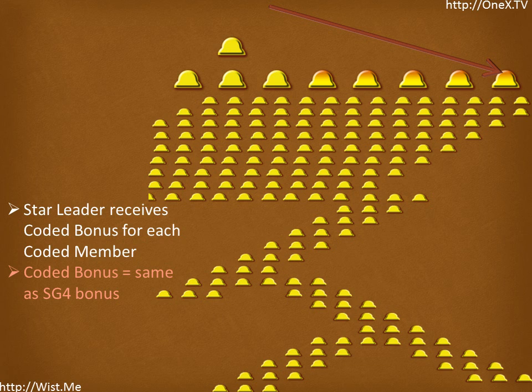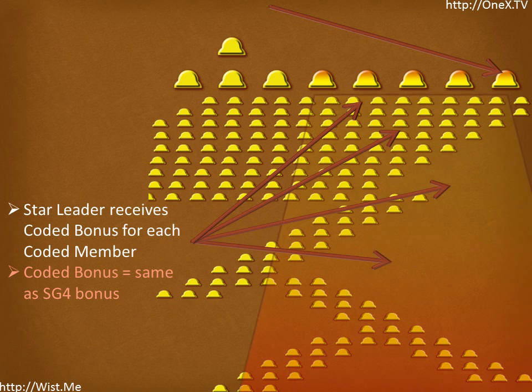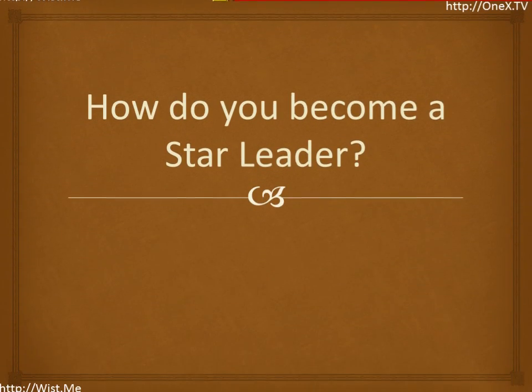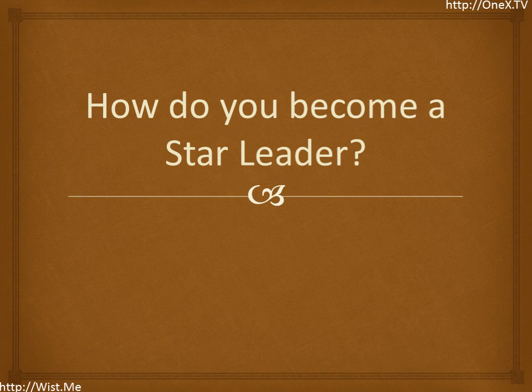Now, how do you become a star leader? It's very easy. First of all, you have to be Stargate 4. To become a star leader, the first thing you have to do is become a Stargate 4. Now, the second thing is you have to have at least 5 Stargate 4 members.